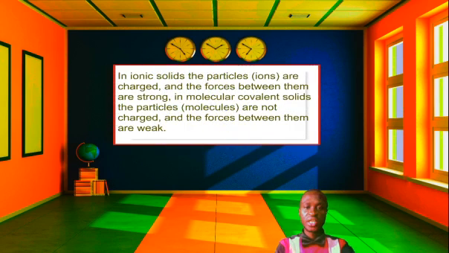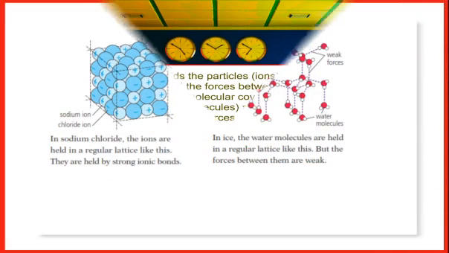In ionic solids, the particles are charged and the forces between them are strong. In molecular covalent solids, the particles are not charged and the force of attraction between them is weak. So let us look at the earlier example again.